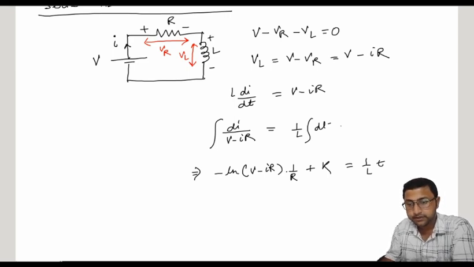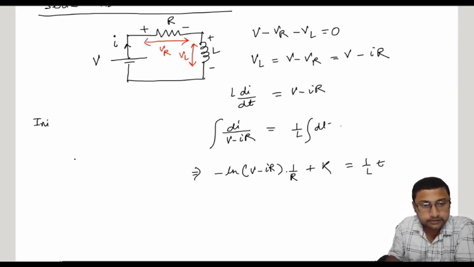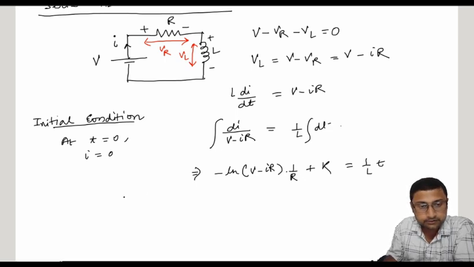Right, very simple. Now let us put the initial condition. What is the initial condition? At t equal to 0 the current is 0, because at t equal to 0 the supply voltage is not yet connected, so at that moment the current is also 0.